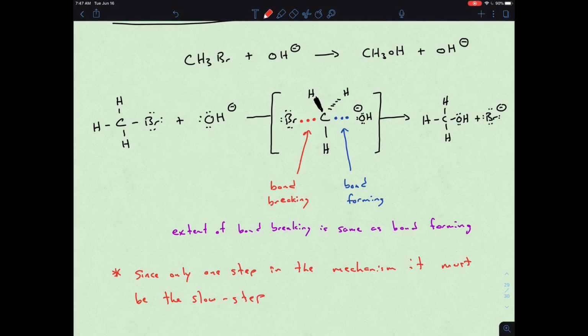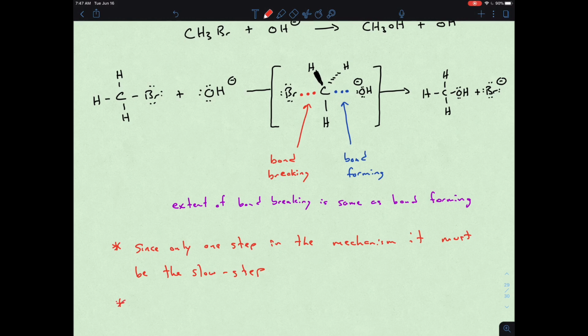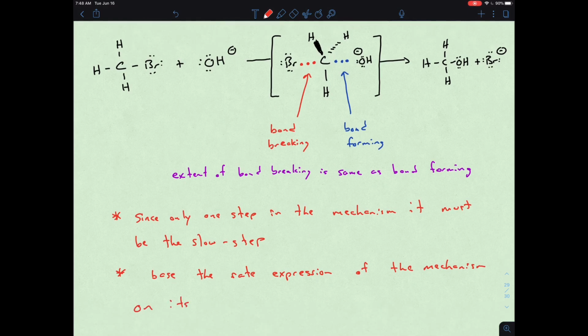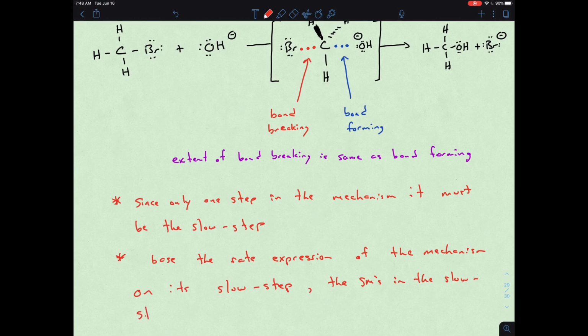And if we then base our rate expression of the mechanism on its slow step, the starting materials in the slow step, and the stoichiometry.